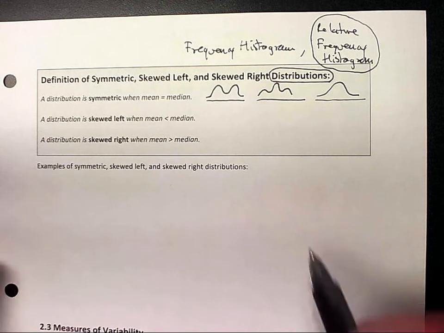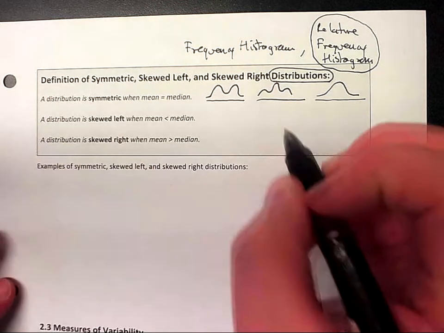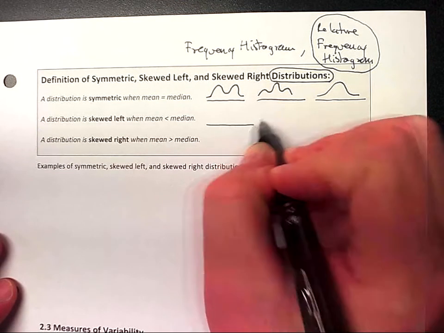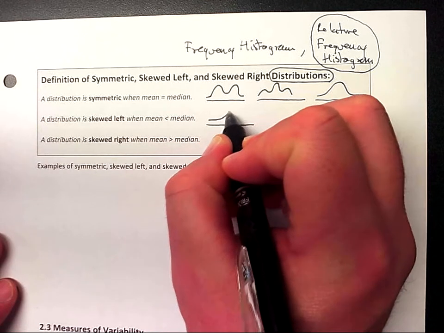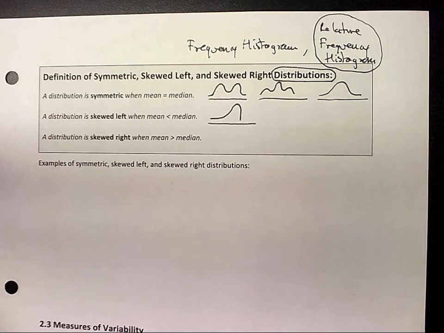All right, so then let's take a look at a skewed left distribution. A skewed left distribution is one that looks like this. This is the textbook example of a skewed left distribution.